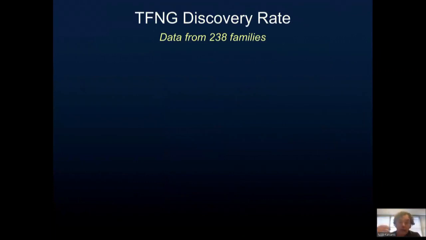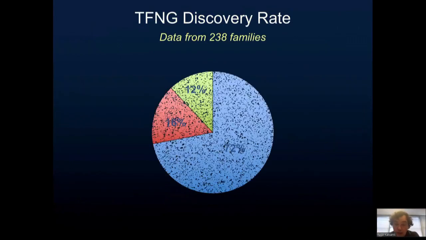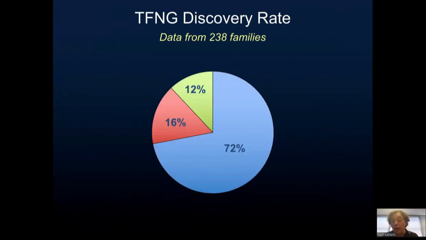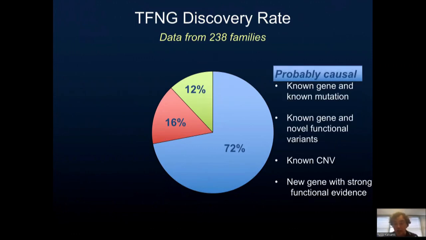So overall, I can give you some very quick summary data to conclude. Out of 238 families, using a combination of genetics, phenotype matching with other large centers and clinical labs around the world, and systematic functional testing, we're achieving a diagnostic rate of about 70%, in that we have alleles that we're pretty confident are causal.